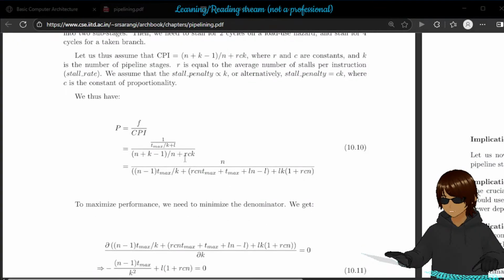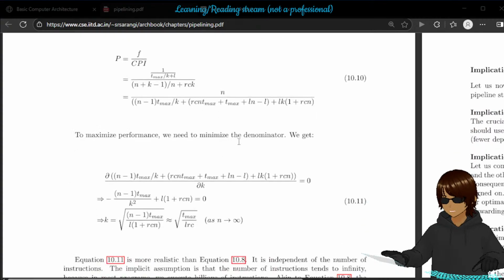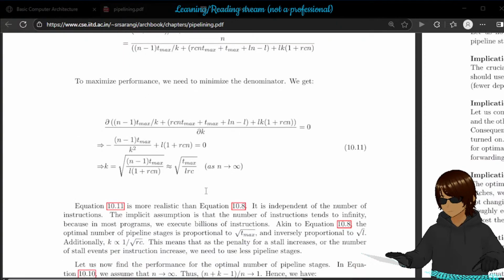Okay, let me see what they're doing. Now we need to maximize this, so minimize the denominator with respect to k. We go here and we approximately end up here.